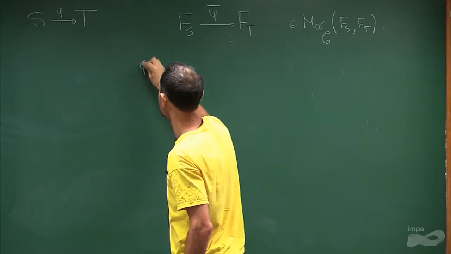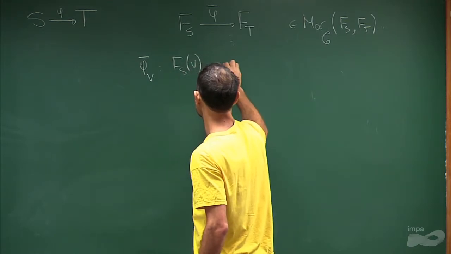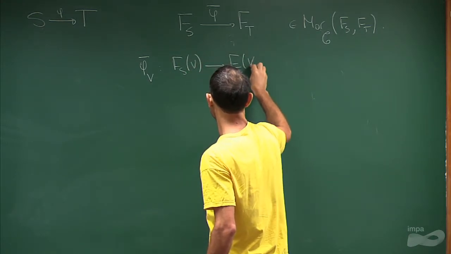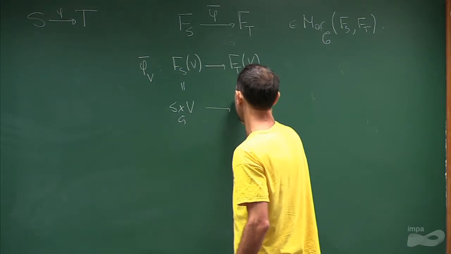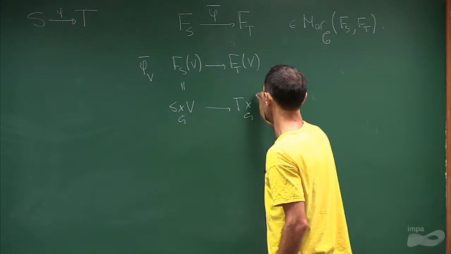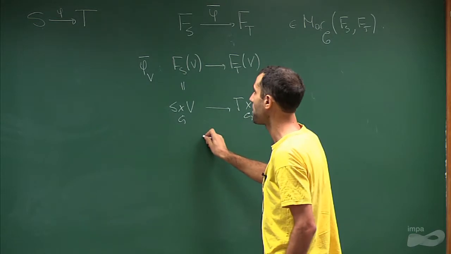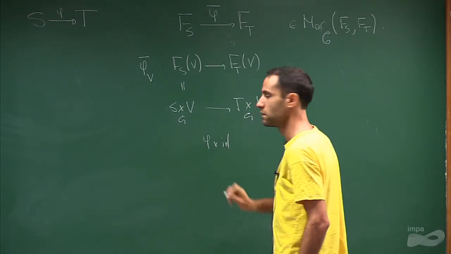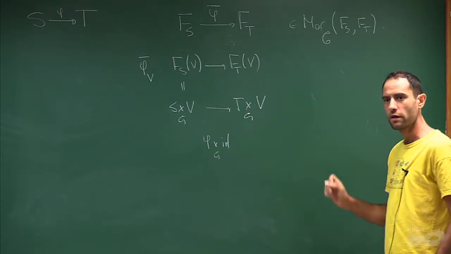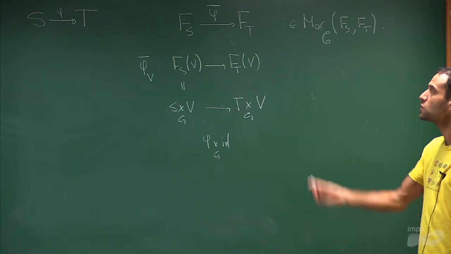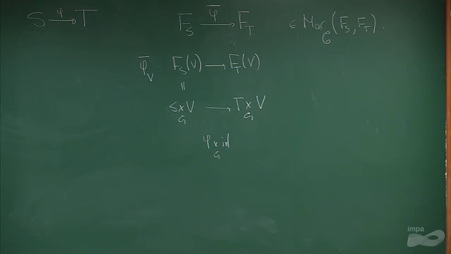Then what I need to give you is φ bar of V, which should be a map from F_S(V) to F_T(V). But this is the same thing as S ×_G V, and this is the same thing as T ×_G V. And the map here, of course, is going to be the map φ times the identity over G. Okay, so that's clearly compatible with composition. So in fact, that map is a functor from this category to this category C.